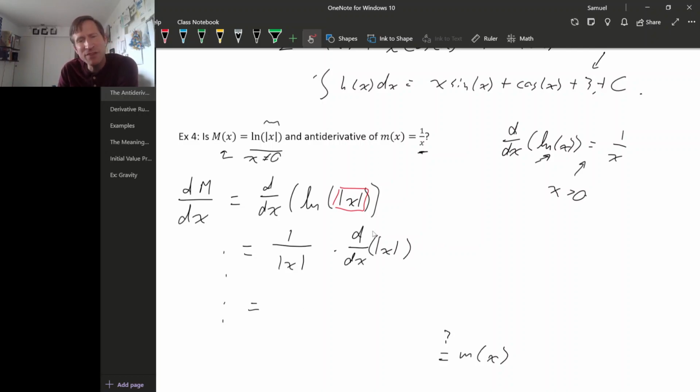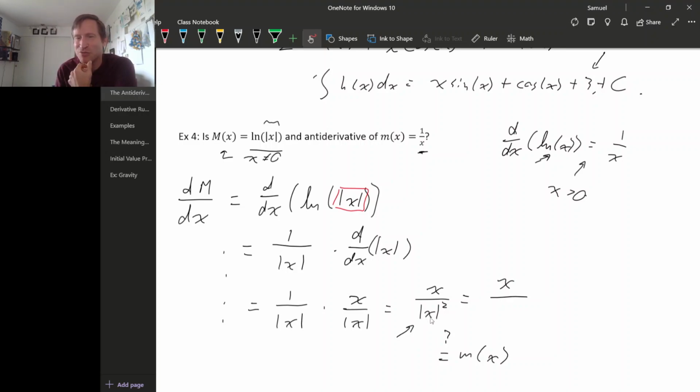And we have calculated the derivative of the absolute value of x. The derivative of absolute value of x is x over absolute value of x. All right, but now we should simplify this. So this is x over absolute value of x squared. But if this denominator is squared, the absolute value of x squared and x squared are the same thing, right?